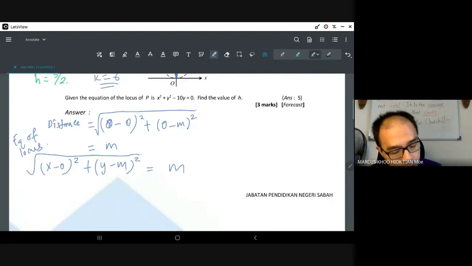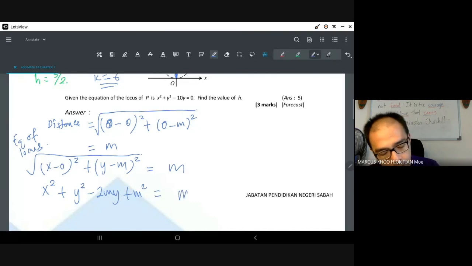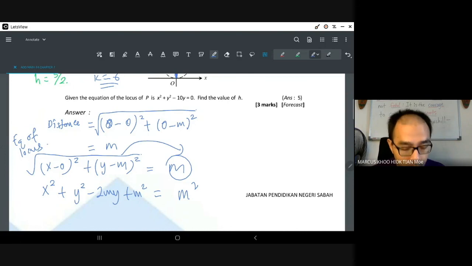Let me simplify this. x squared plus y squared minus 2my plus M squared equals M squared. M squared will automatically cancel and you will just get x squared plus y squared minus 2my equals 0.